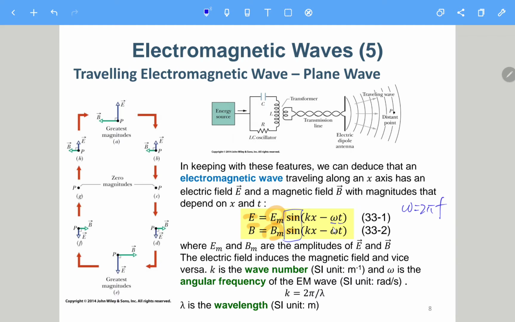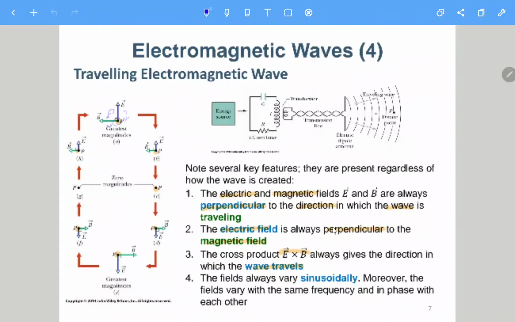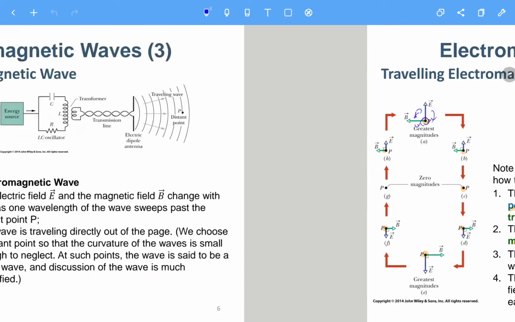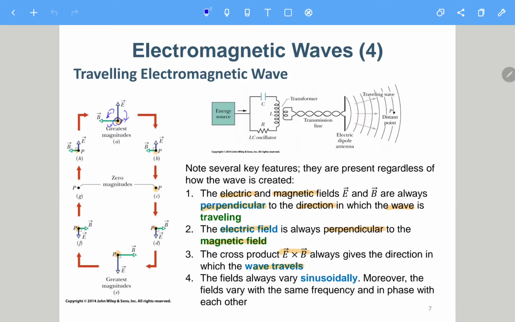We assume that the EM wave is a so-called plane wave, which means that it only relates to the x-axis. The x-axis is the propagation direction. It doesn't look like a curvy line or a spherical surface.